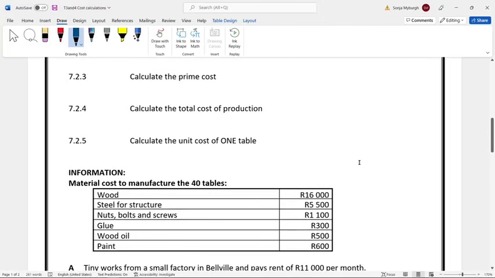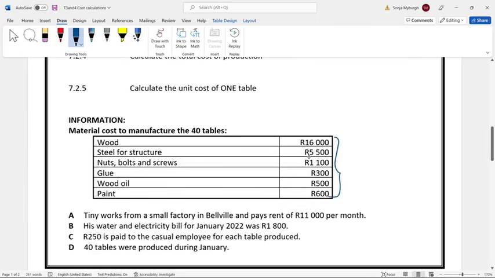Information given: the material cost to manufacture the 40 tables. So this will all be direct material. Then Tiny works from a small factory. There's the rent, that will be factory overheads. His water and electricity bill will also be factory overheads.